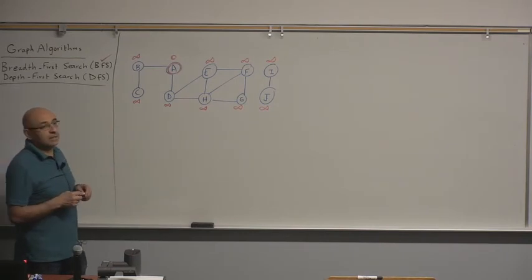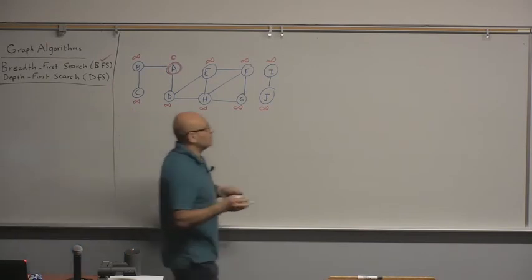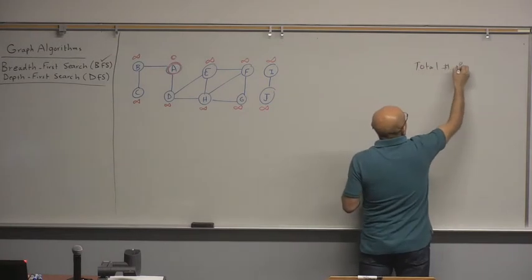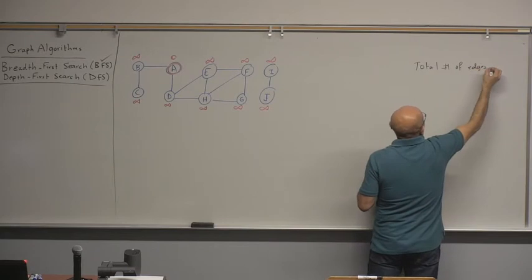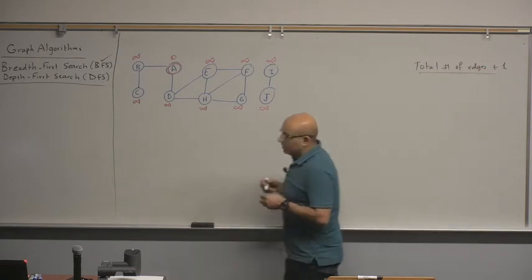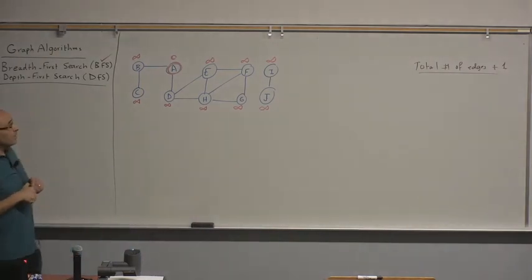To make sure that it's larger than the largest path in the graph, we will just use the total number of edges plus 1. So that's going to be our infinity when you translate this into actual code.